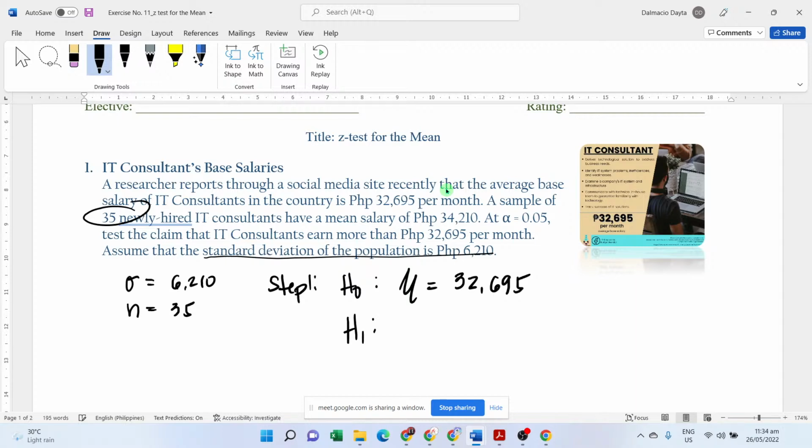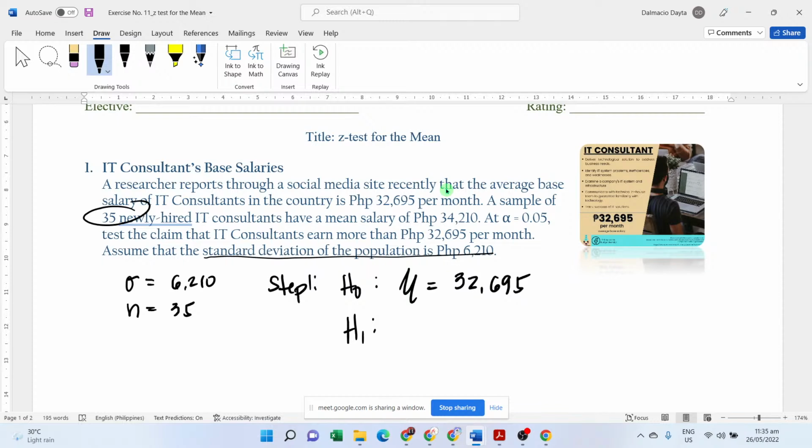Next is the alternative hypothesis. Paano natin ina-identify? Sa alternative hypothesis, dito natin ma-identify whether it is two-tailed test or one-tailed test. If it's one-tailed test, whether it is left-tailed or right-tailed. Hanapin natin sa problem.